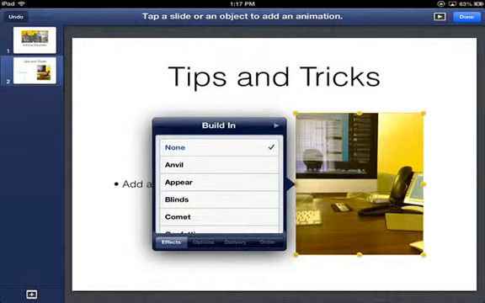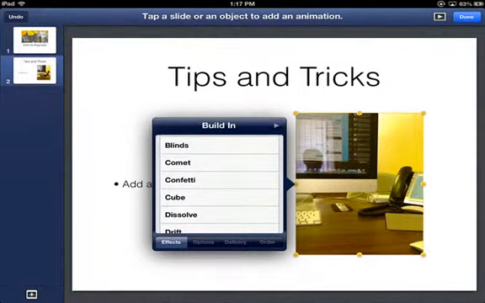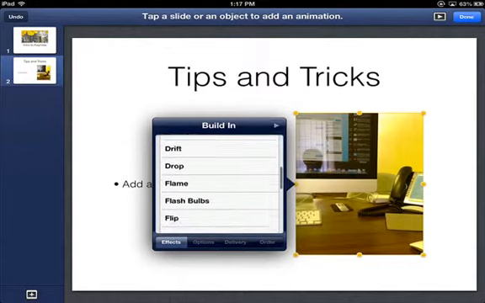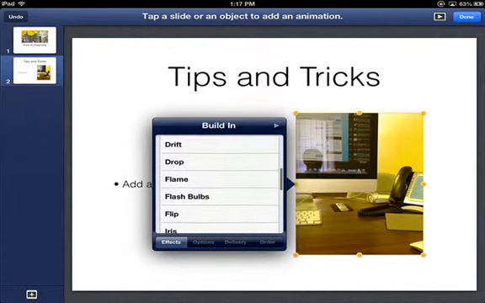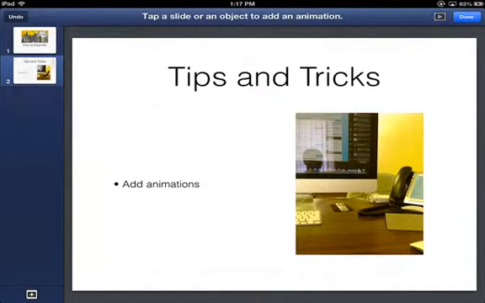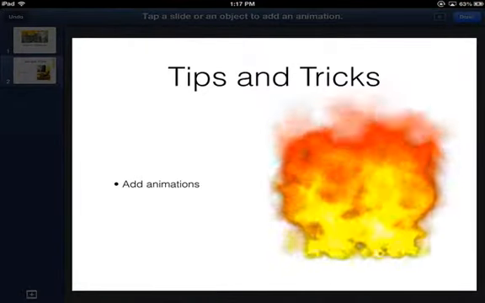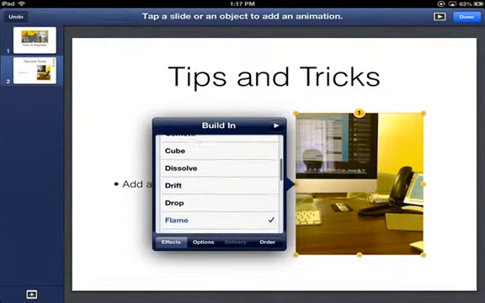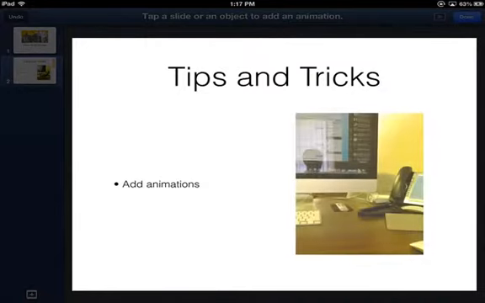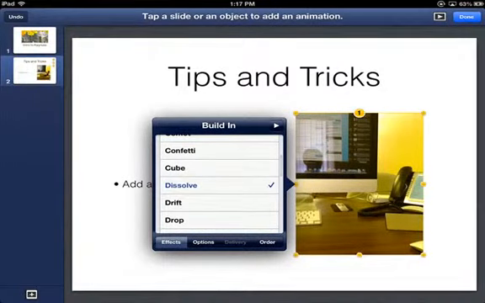We're going to do transitions in a bit. This is an animation. So once again I can scroll through, and if I'm not sure what these look like if I wanted to just look at the flame, it then demonstrates it for me. Okay. I think I just like the dissolve, where it just sort of fades in. It seems subtle.